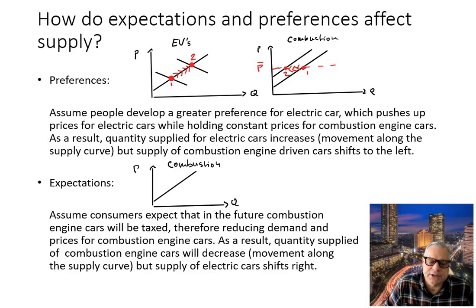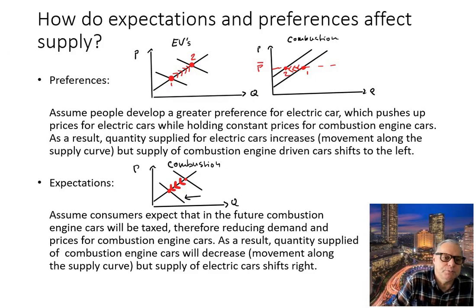So now we basically start with our demand function. So this was our original equilibrium, but now because of the tax fears, demand shifts to the left or decreases. So that's a decrease in demand. So now we move to this point. So that is a movement along the supply function. It's a reduction in quantity supplied.